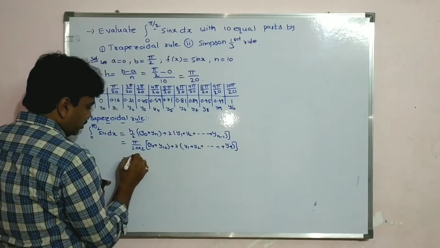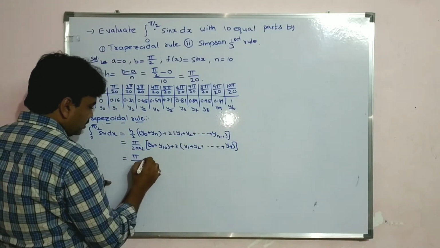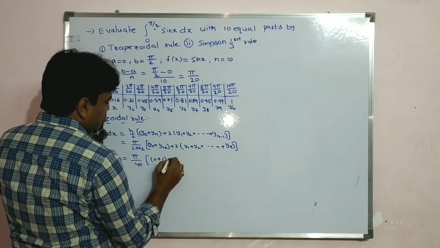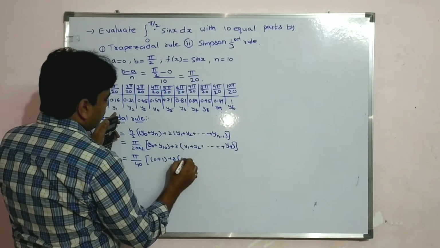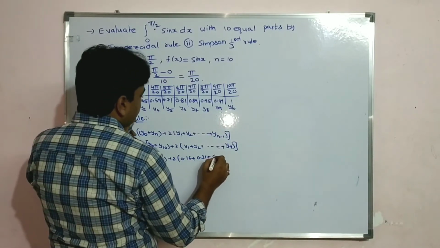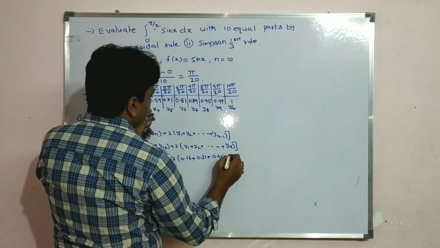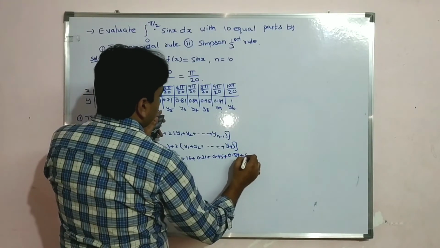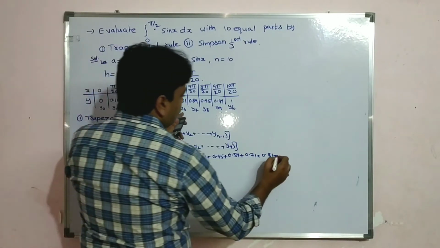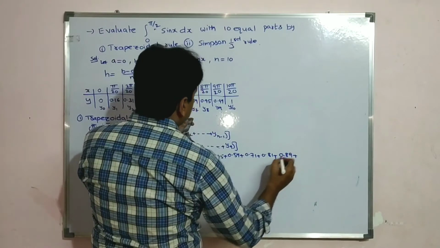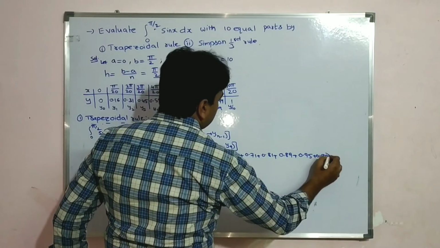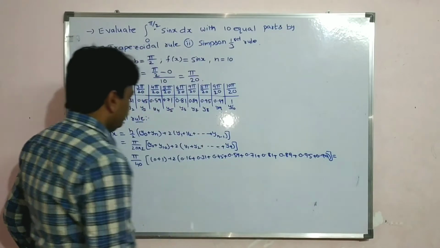That is equal to pi by 40 into bracket: y0 value is 0, plus y10 value is 1, plus 2 into the rest of the terms, 0.16 plus 0.31 plus 0.45 plus 0.59 plus 0.71 plus 0.81 plus 0.89 plus 0.95 plus 0.99, bracket close, bracket close.